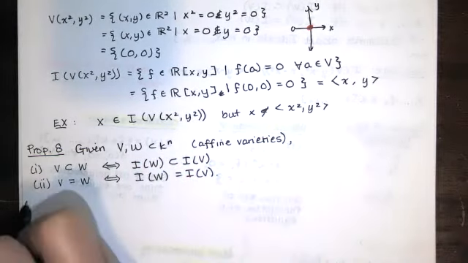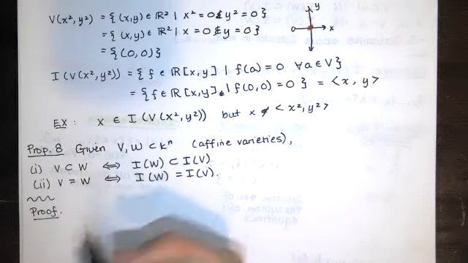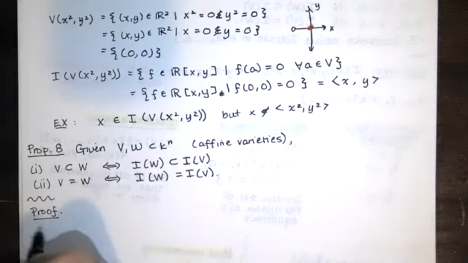So let's go this way first. We'll show that V being a subset of W implies that the ideal of W is a subset of the ideal of V. So remember, these are points and these are polynomials.